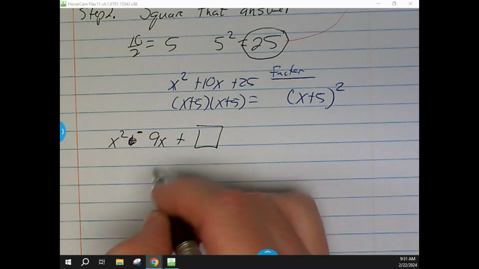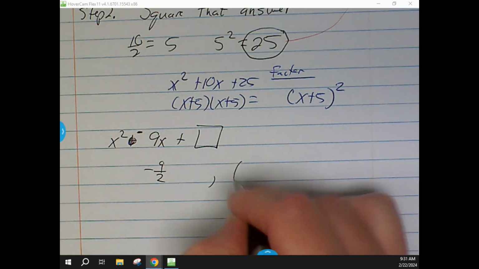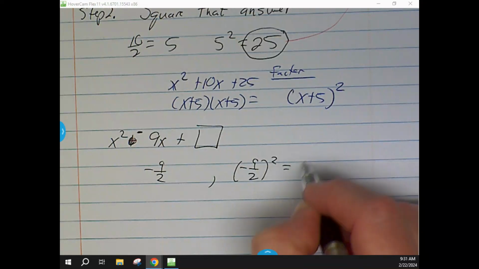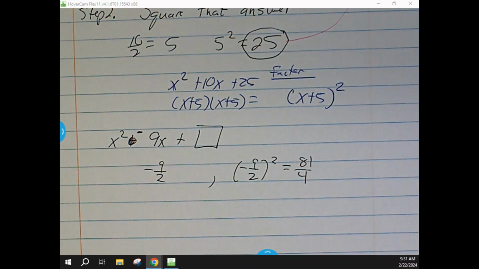So step 1, it's negative 9 over 2. Doesn't simplify, right? If it doesn't simplify, you still turn right back around and square it. So negative 9 squared is 81, and 2 squared is 4.